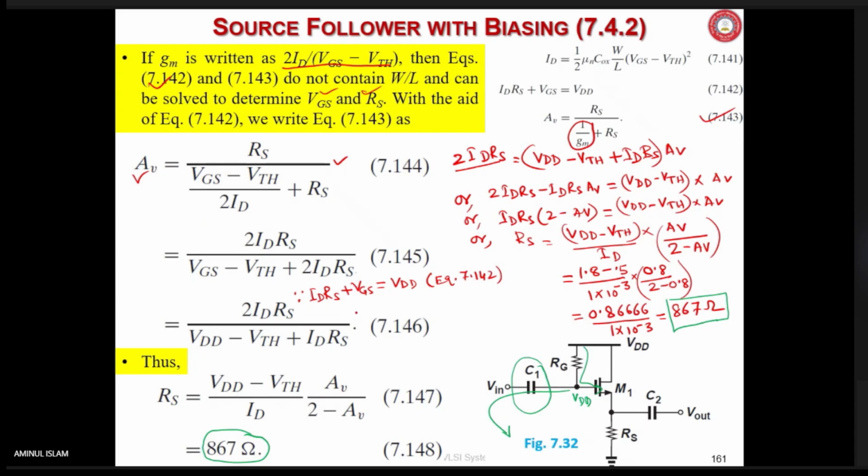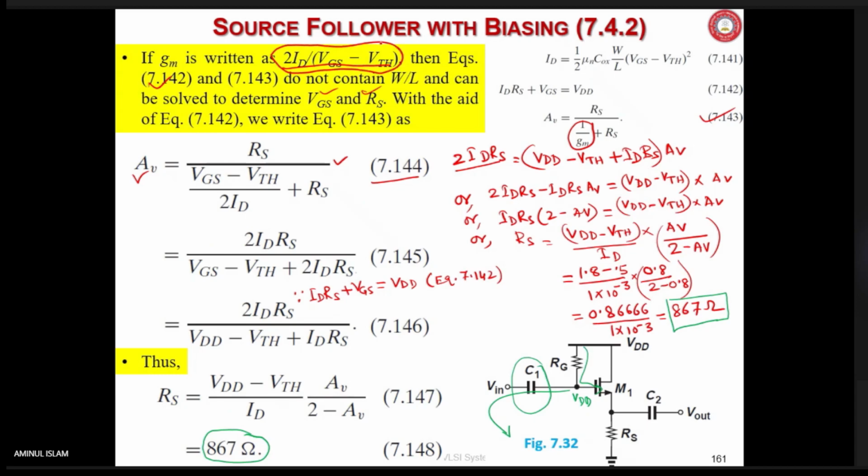Sir, isn't VGS VDD minus IDRS? Think, if I have written a wrong thing, I'll correct myself. See, this equation, equation 7.144, can be written or not? GM can be expressed in this form.